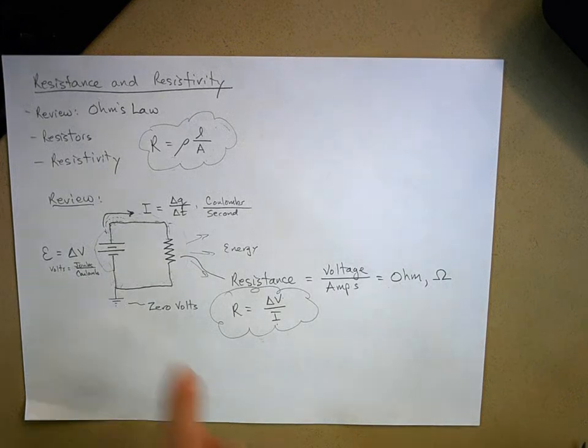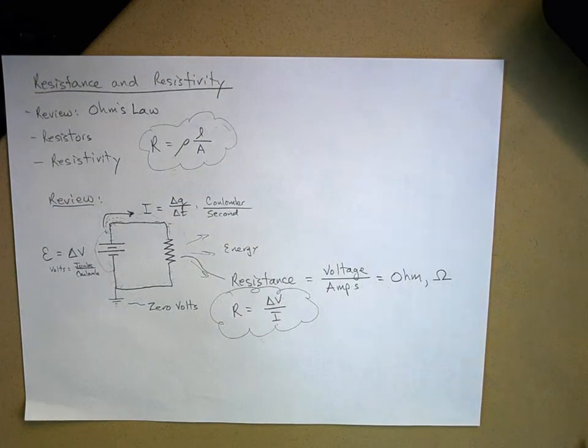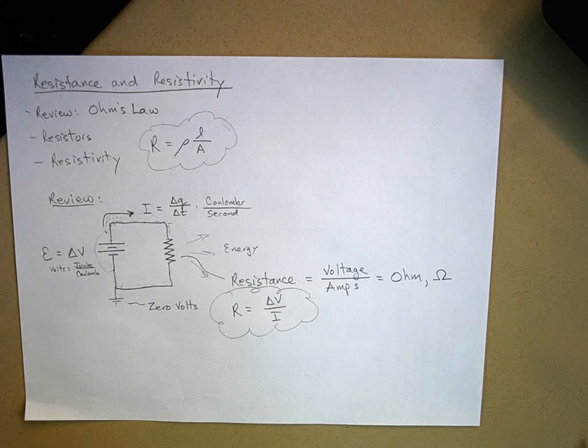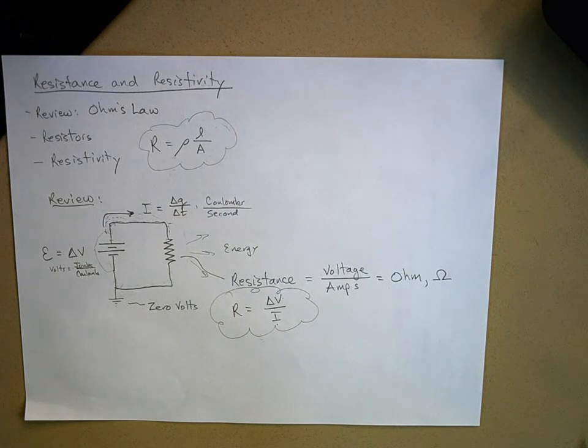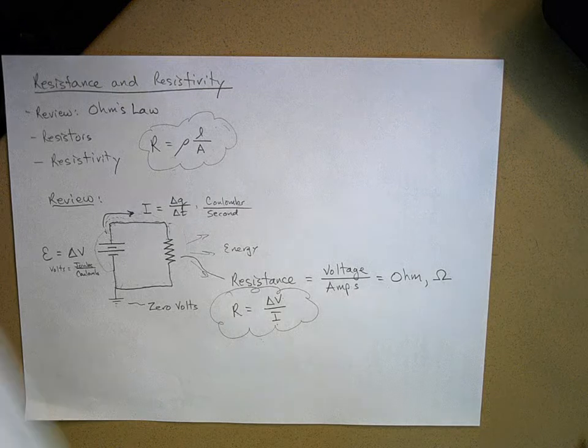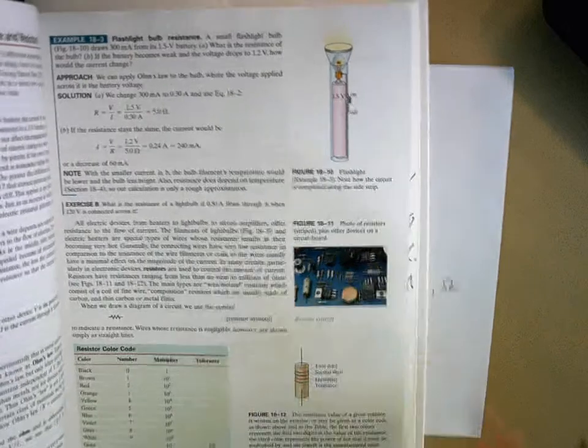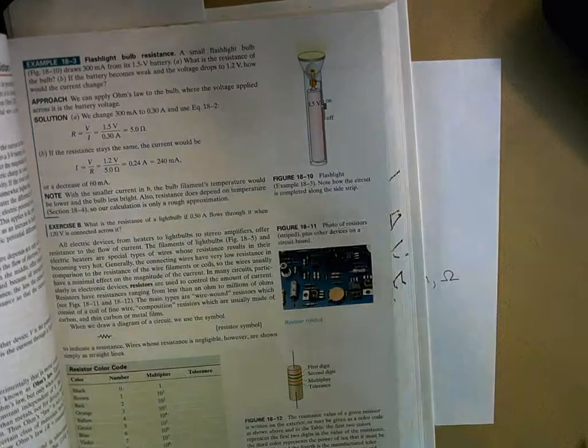I can stick a resistor in the circuit and reduce the amount of current so that the device gets exactly what we want. So we put in these things called resistors, and I do have some, but there's a picture of them right here in the book. This is on page 499.